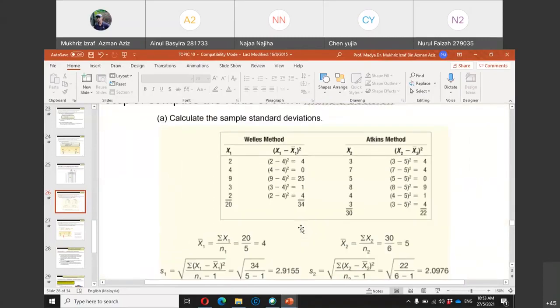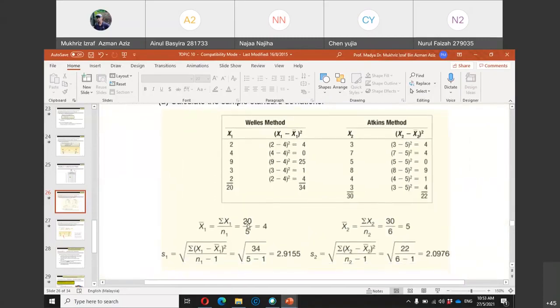For Wallis, X1, you get the mean to be 4, and the sample standard deviation 2.9155. The sample mean for Atkins is 5. Sample standard deviation is 2.0976.